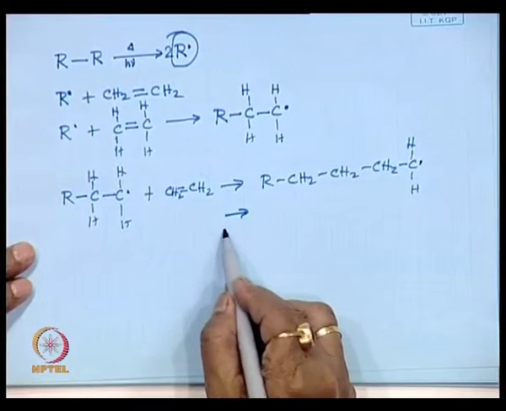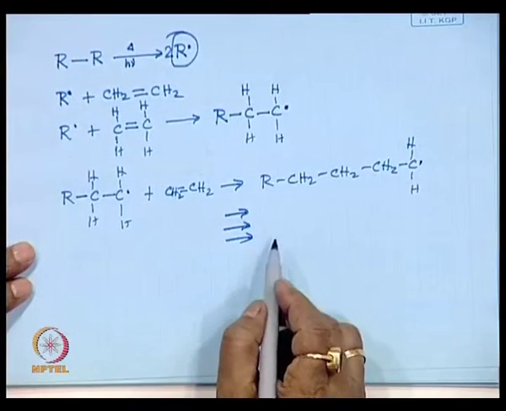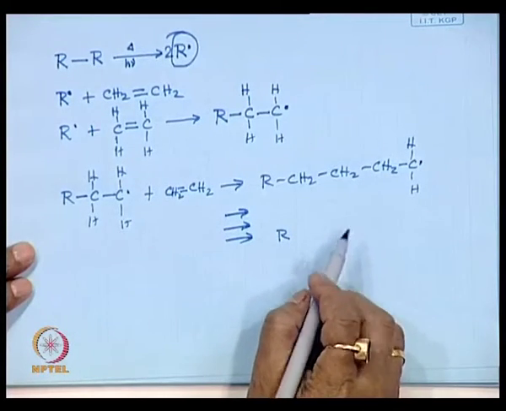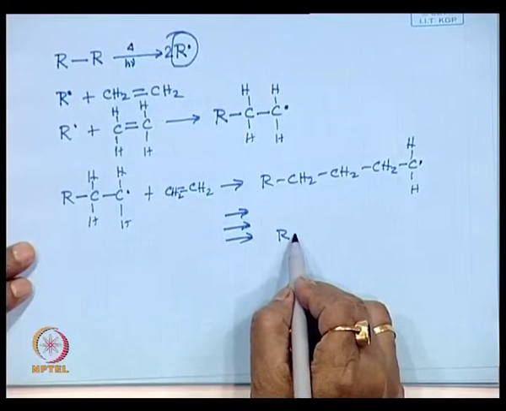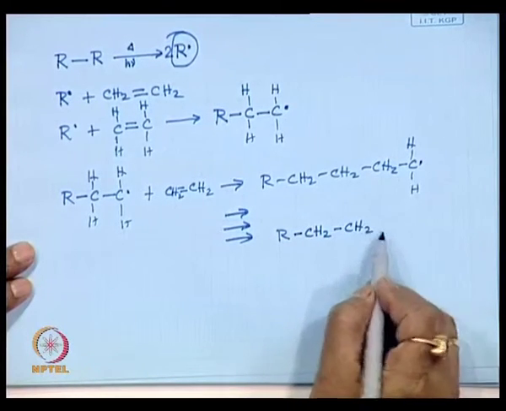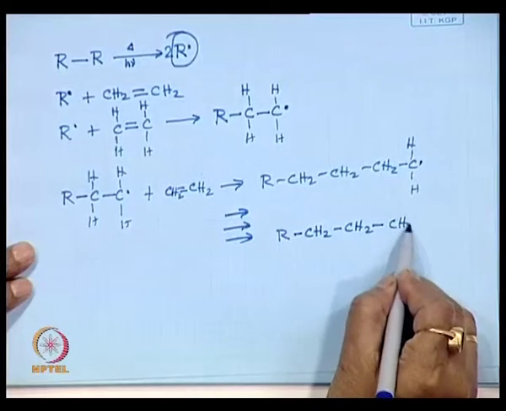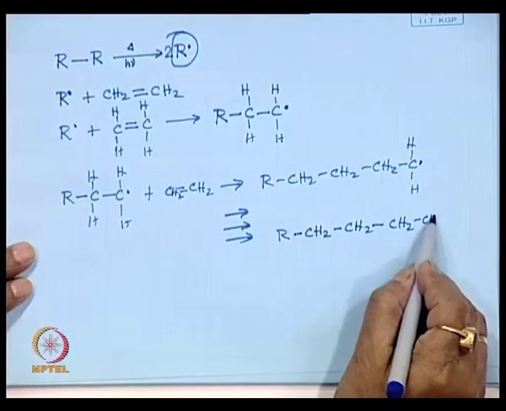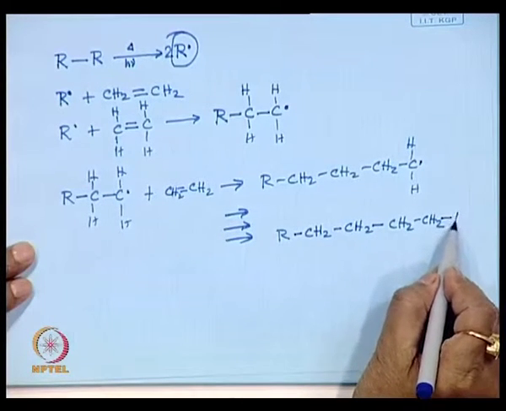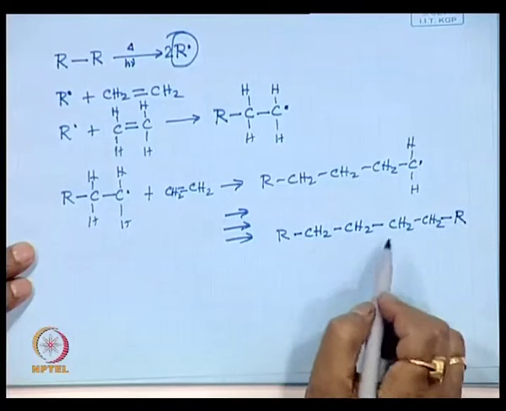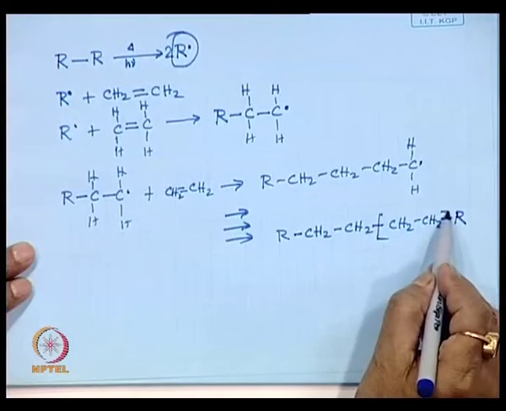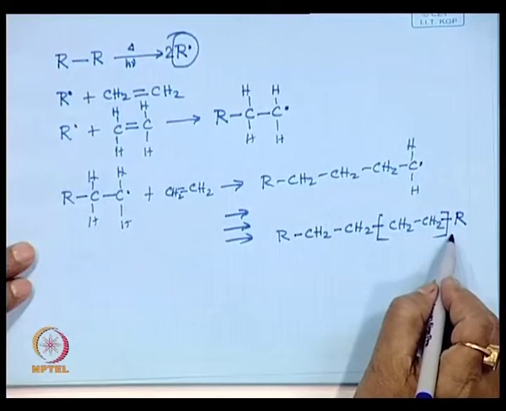If this process is allowed to continue, ultimately we can get actually this is not the right way to show anyway. Suppose this is n.